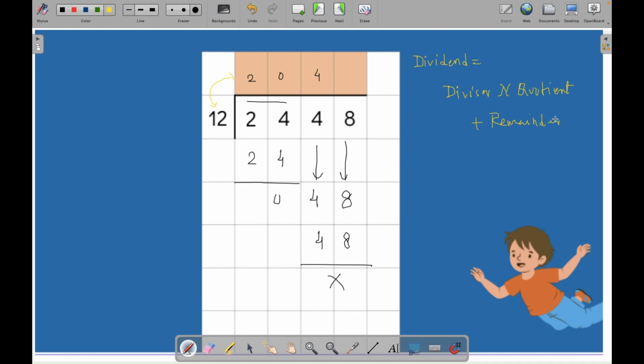So if you have to cross-check whether I have done this correctly, this 2448, which is the dividend, must be equal to 204 multiplied by 12 plus 0, which is the remainder.